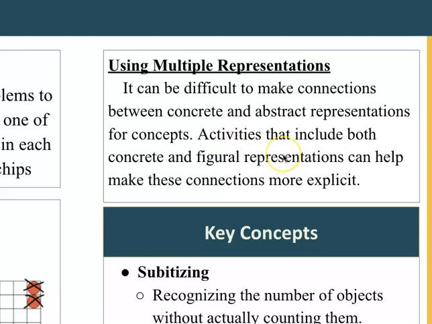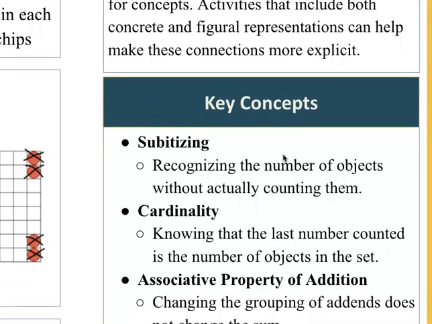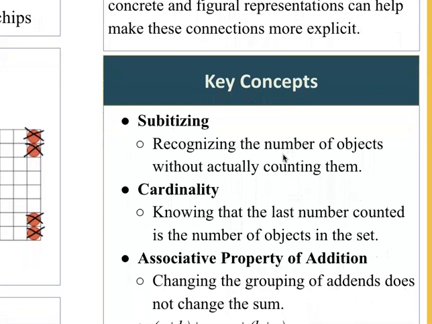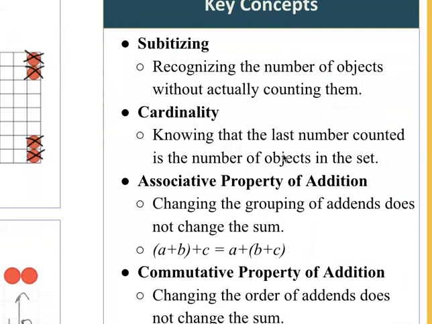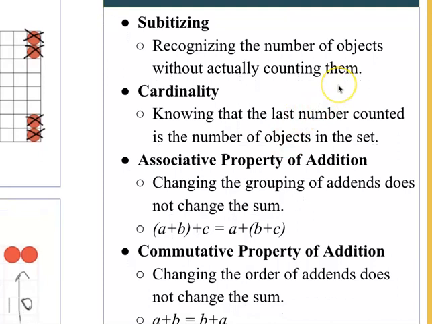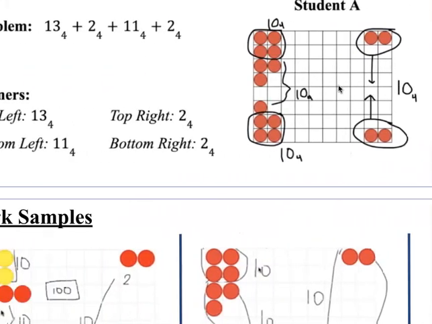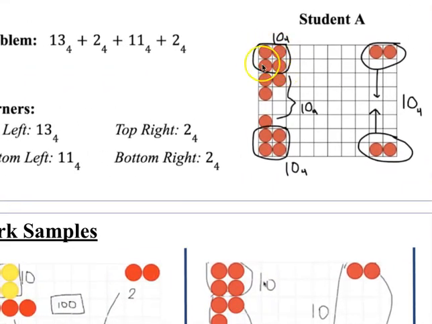And so the Four Corners activity provided a productive way for our teachers to see concepts related to additive reasoning from the perspective of their students. So we talked about key concepts like subitizing, being able to recognize the number of objects without actually counting them. For this particular activity in base 4, situating 4, or 1, 0, counters together in a square pattern ended up being very productive.